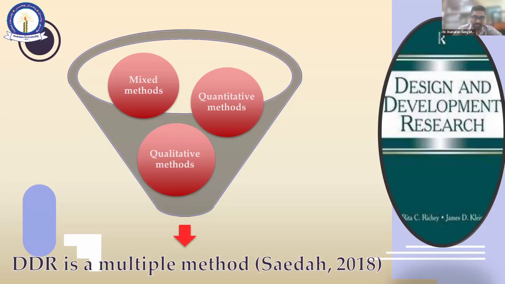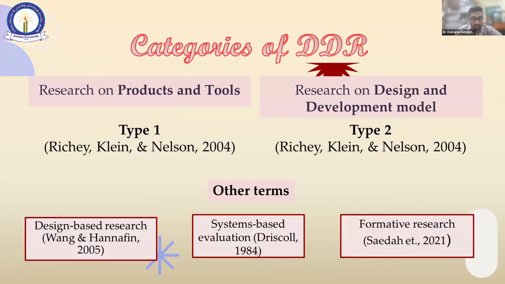Okay, when we talk about the phases, before we go to phases, we should know what kind of categories are in the DDR. DDR has two types. One is research on products and tools, and I'll explain what products and tools are in the next slides. Another one is research on design and development regarding models, type 2.